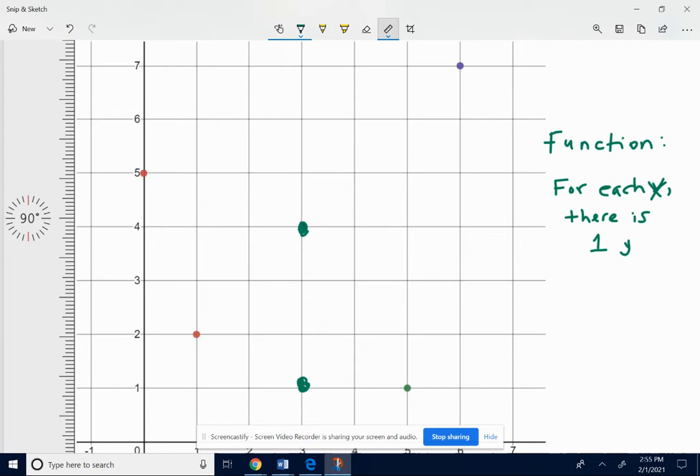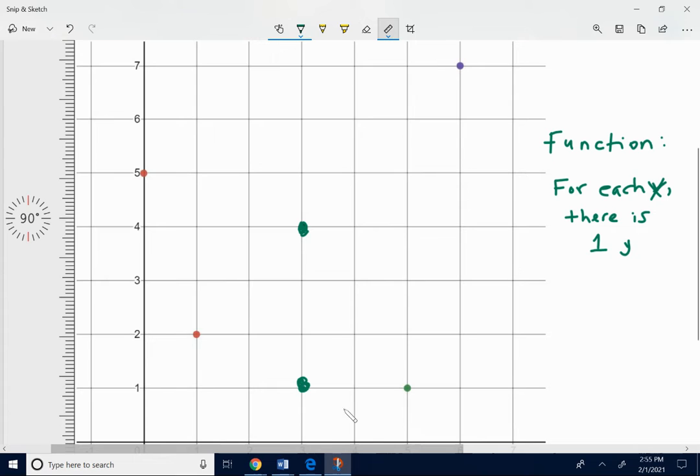Can you kind of see that x-axis? Now it covered it up. See, this first point is supposed to be (3, 1). The point directly above it is (3, 4). So that's the no-no.